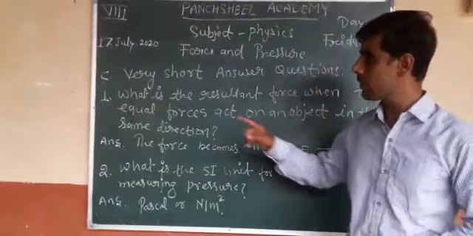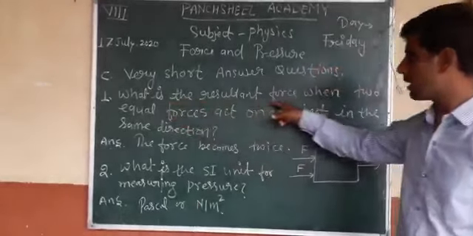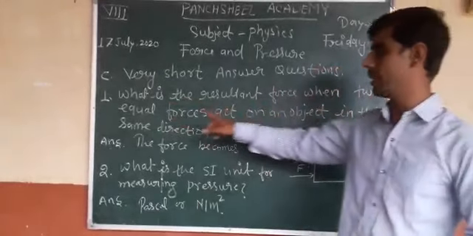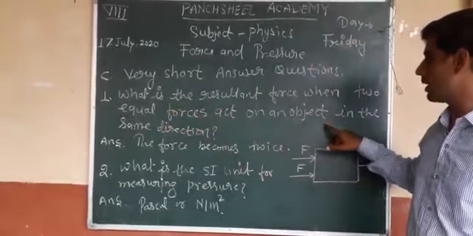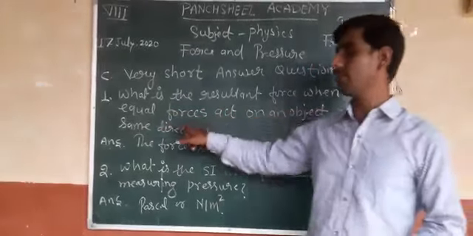Okay. So first question: what is the resultant force when two equal forces act on an object in the same direction?